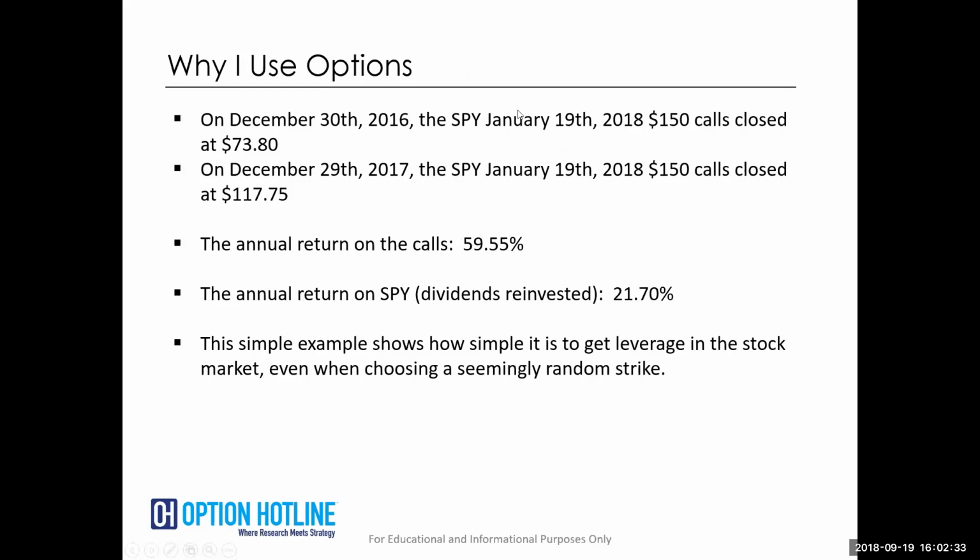In doing so, I nearly tripled my return by adding leverage to my trade. I buy in for $74, hold them for a year, and sell for $117.75. I make just under 60% versus a little over 20% on the stock market. So on a really good year in the stock market, I can triple my money, relatively speaking. I can do 3 times better.